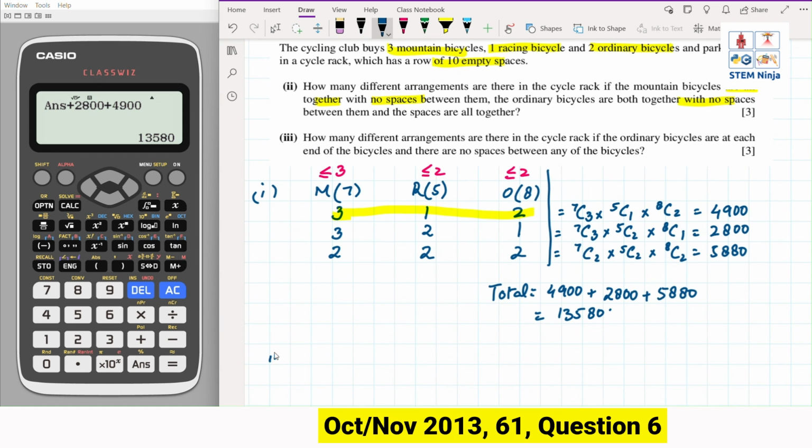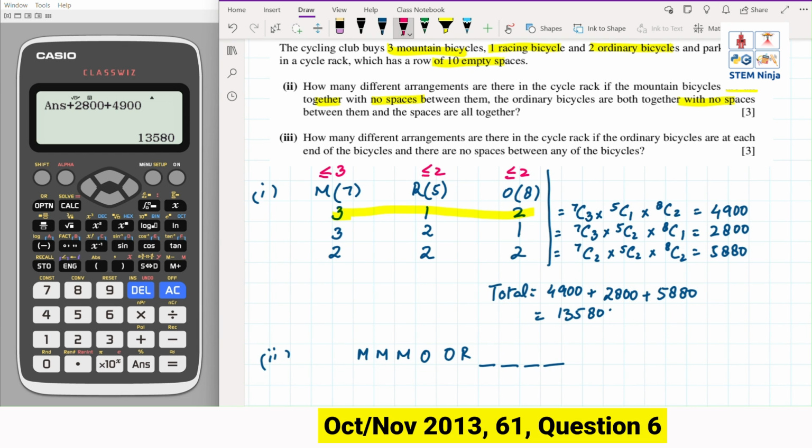Okay, now how would we actually go about this? So we have three mountain bikes together, and we have two ordinary bikes together, and we also have one racing bike, and then we have 4 empty spaces.